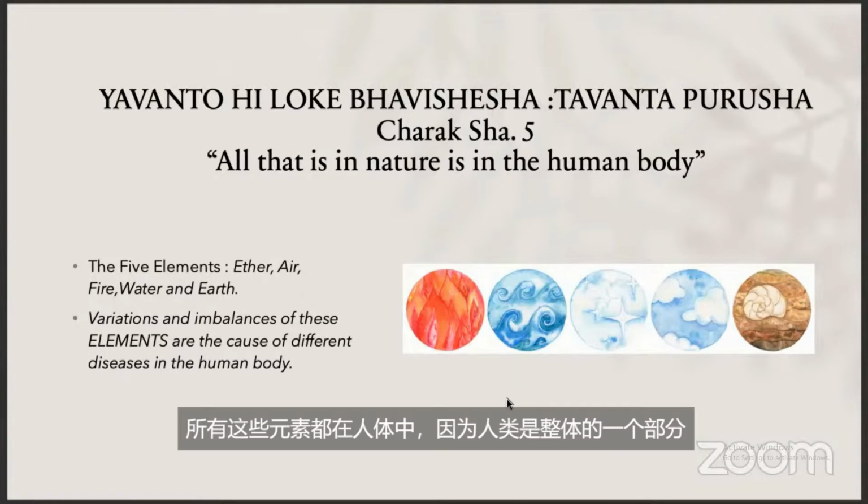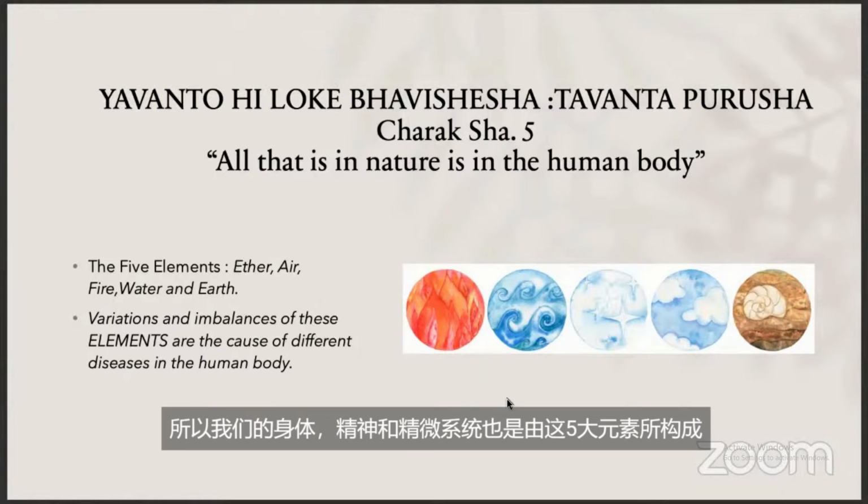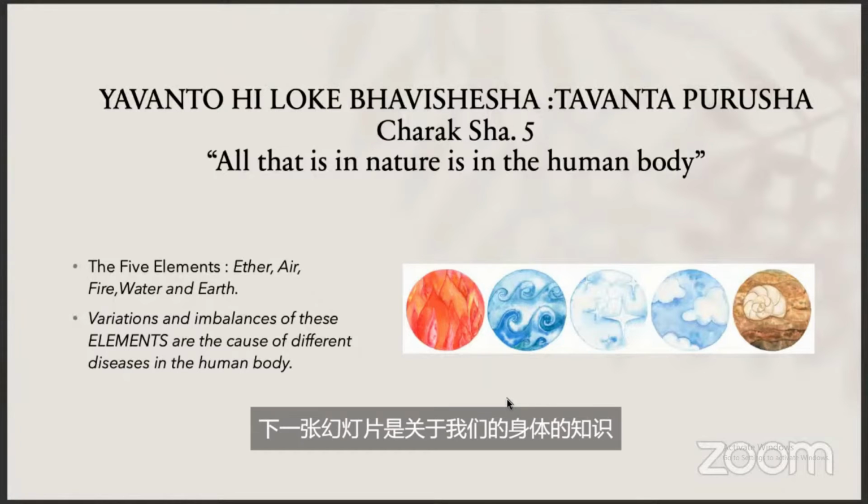All these elements are present in human beings. As human beings are part and parcel of the whole, our physical, mental, and subtle body is also made up of these five elements. The next slide is about the physical body.